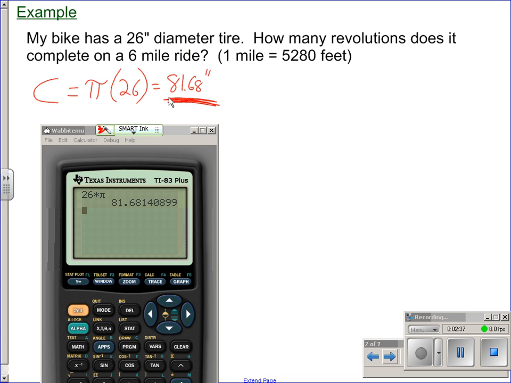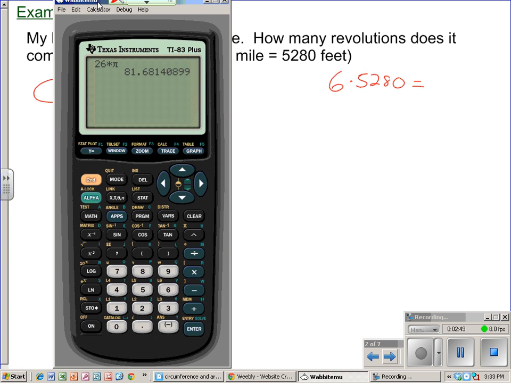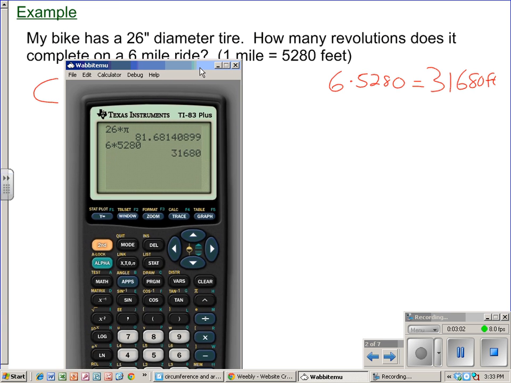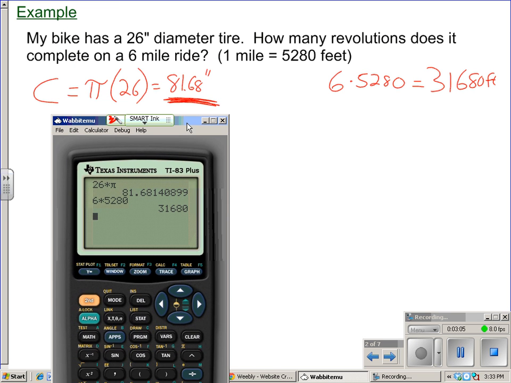I'm doing 6 miles of a bike ride. In 1 mile, there's 5,280 feet. So if we multiply those together, 6 times 5,280, that is 31,680 feet. That's how far we're going. Each time the tire goes around, it only goes 81.68 inches.